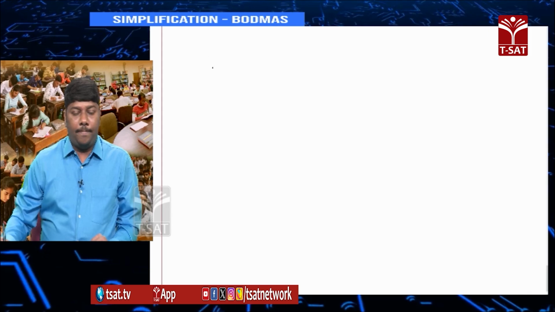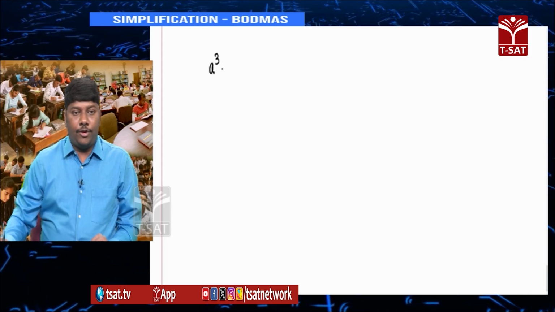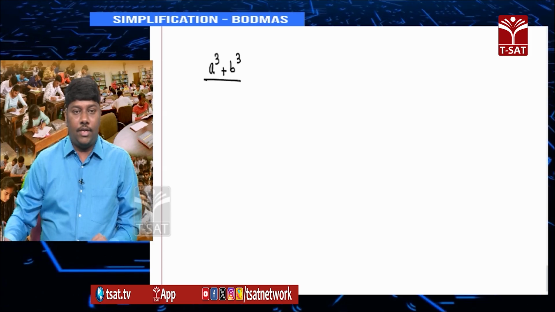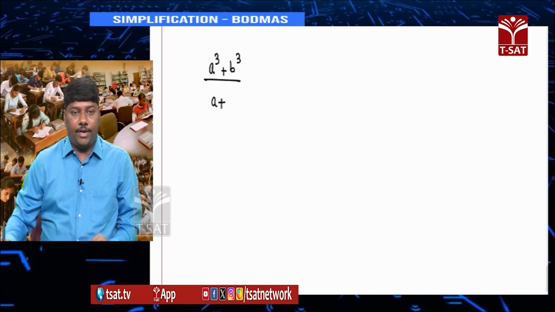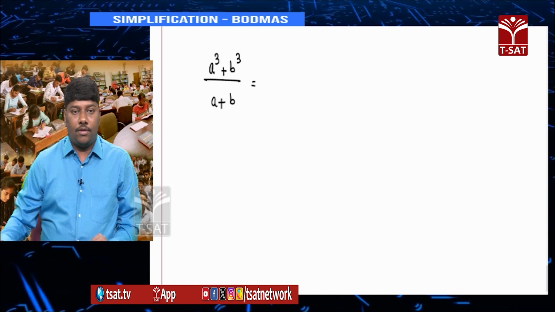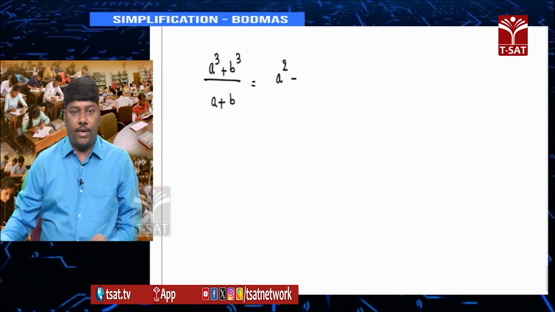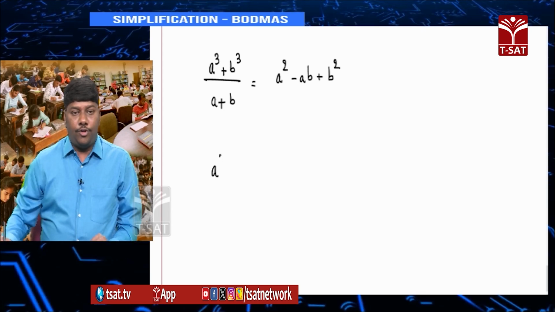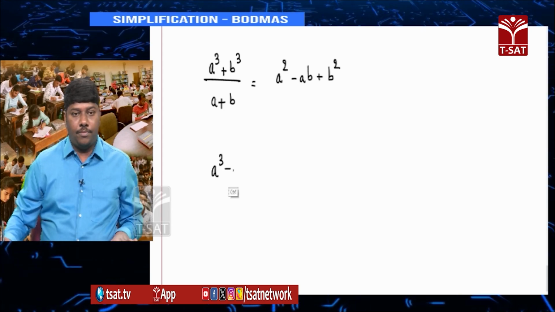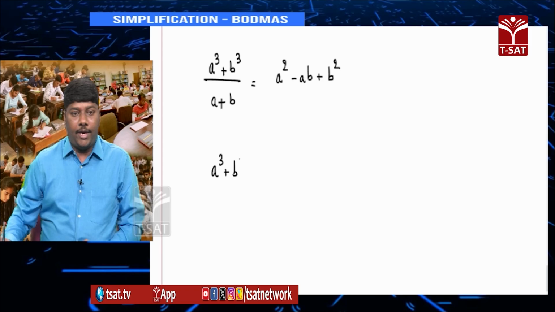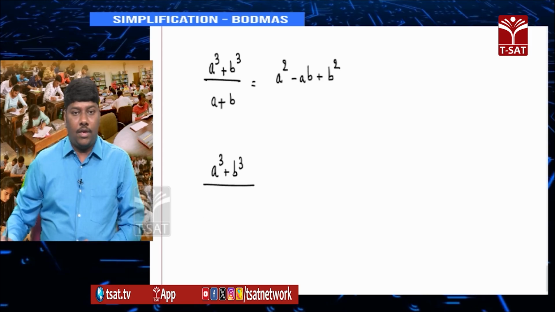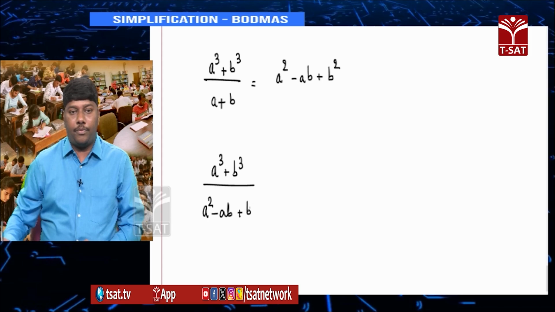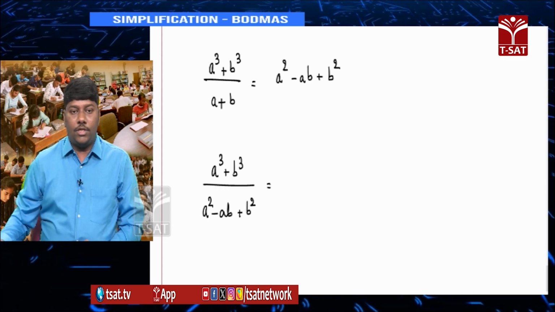So, if the same formula, if I write a cube plus b cube divided by a plus b, a square minus ab plus b square, a cube or else plus b cube, if you divide it by a square minus ab plus b square, it is going to be a plus b.